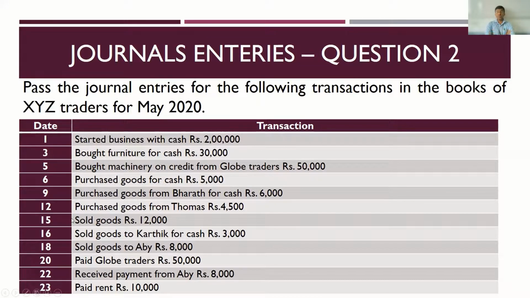12th, purchase goods from Thomas. So on 12th, you are purchasing goods from Thomas. But in this case, is the mode of transaction credit or cash? It is not mentioned. Since it is not mentioned and we see that the transaction has been carried out with Thomas, it is understood that this particular transaction is for credit.